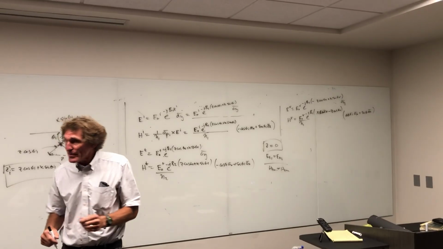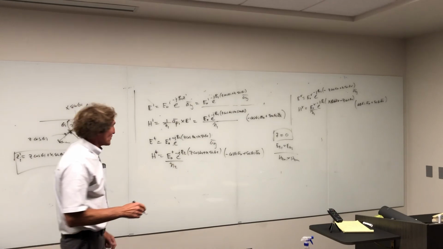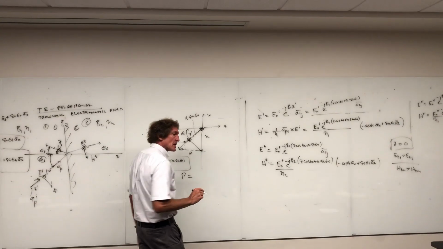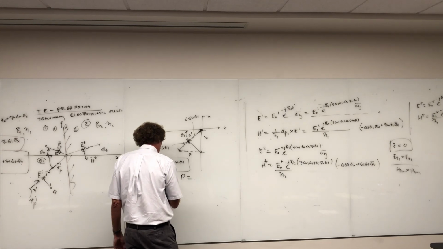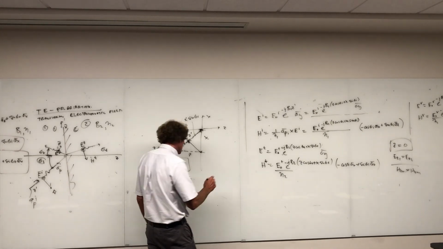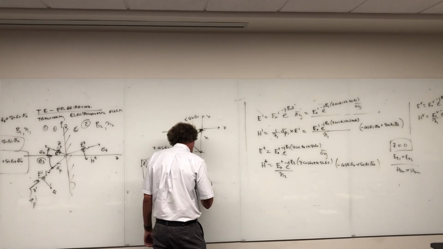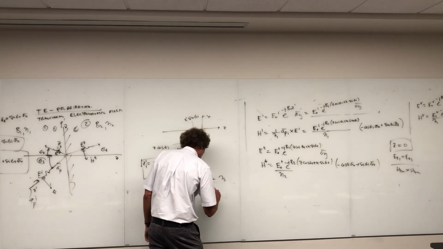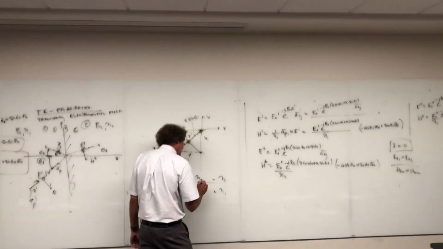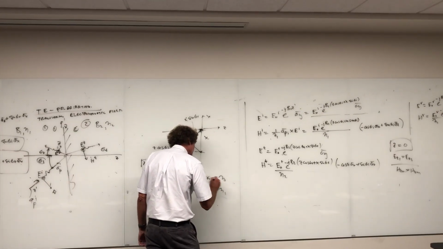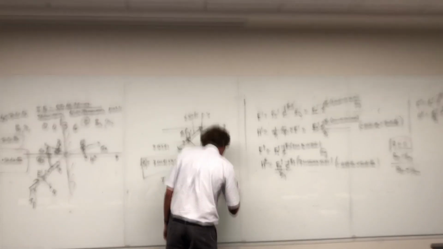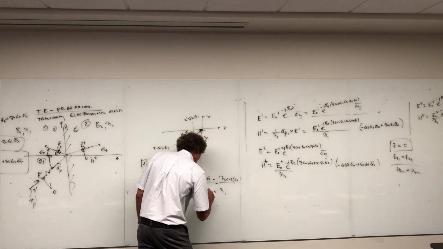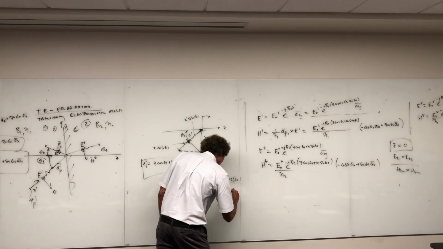I could go through them all, but I'll just tell you this one. For the reflection coefficient, and this is for TE, it's always going to have an eta 2 cosine theta incident minus an eta 1 cosine theta transmitted, over eta 2 cosine theta incident plus eta 1 cosine theta transmitted.